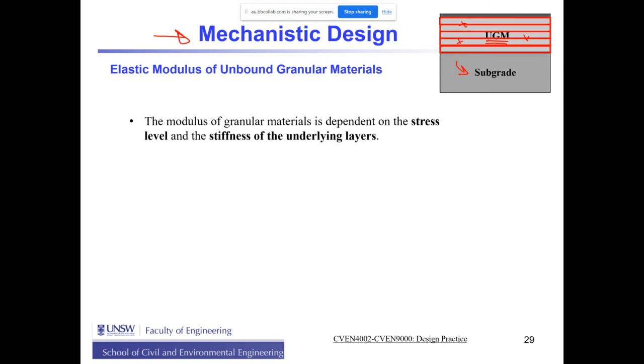How can we take into account this effect? We need to use the sublayering technique. We need to divide the unbound granular layer into several sublayers. And for each sublayer, you need to determine the Young modulus and the elastic properties.